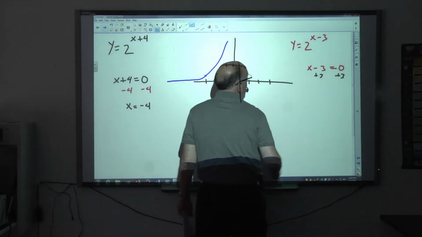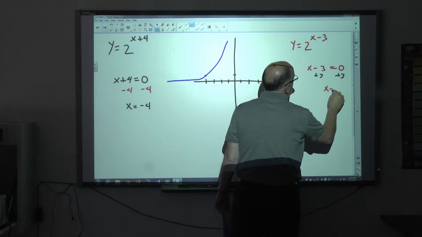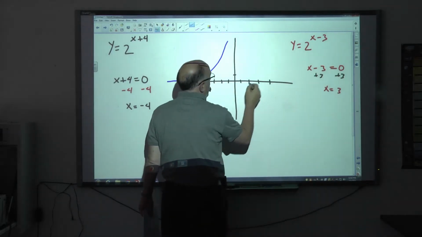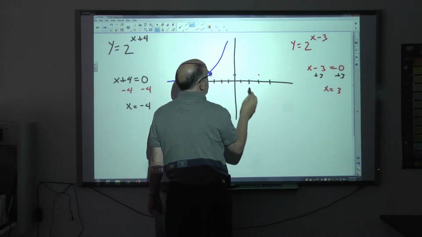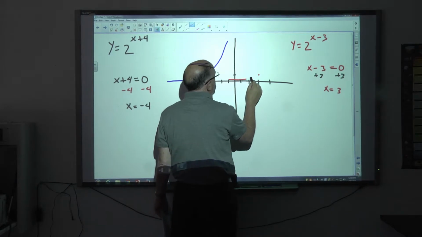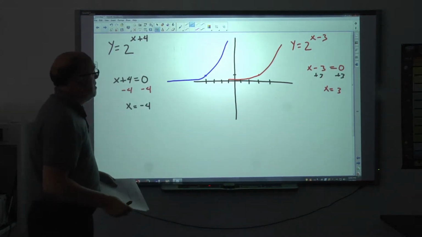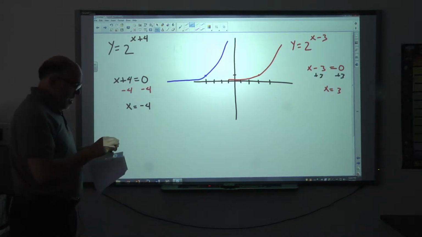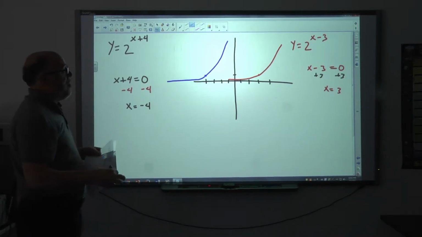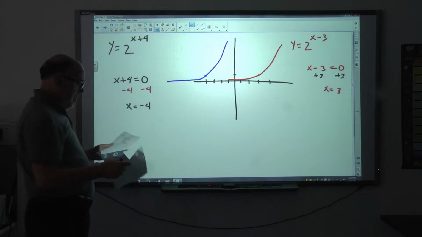And so now x is going to be positive 3. So this one shifts it to the right 3 units. And again, we get the same basic shape, just shifted over 3 units to the right. So we can move our shape either up or down and left or right.